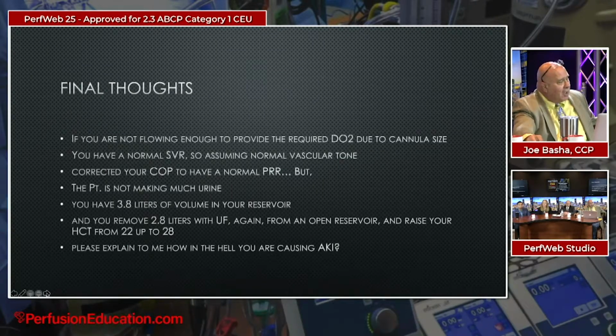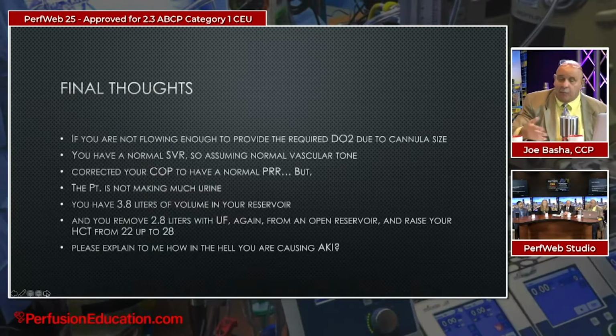So, final thoughts. If you are not flowing enough in this patient to provide the required DO2 because of cannula size or circuit limitations, you're flowing what you thought would be enough, should be enough, but isn't enough for whatever reason.